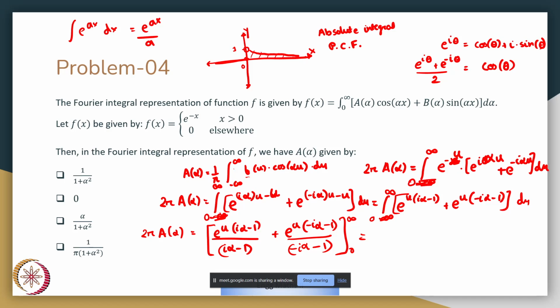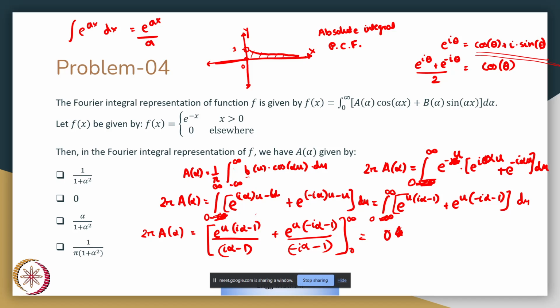So the first term you can see has an e raised to minus u. When it goes to infinity, this term would vanish. Similarly, this term also has an e raised to minus u, whereas e raised to minus i alpha u would give us a couple of trigonometric terms. So when we substitute u tending to infinity for both of these terms, they go to 0. And when we substitute u going to 0, both of these terms will go to 1, since e raised to 0 is 1.